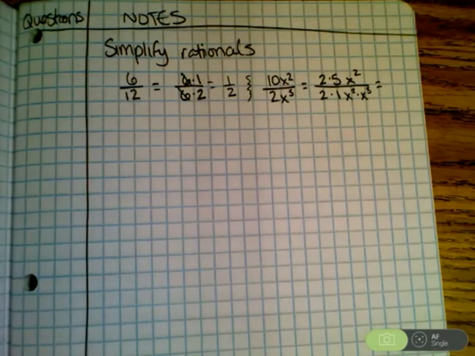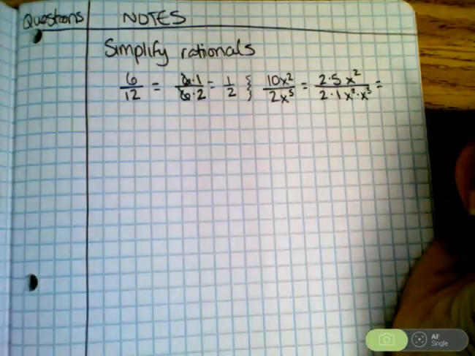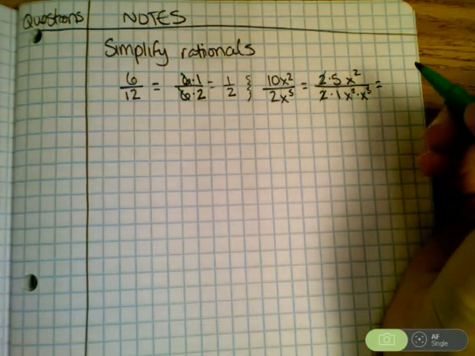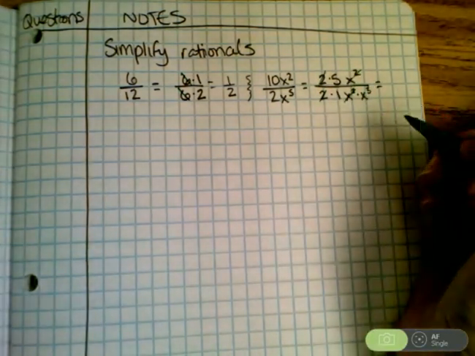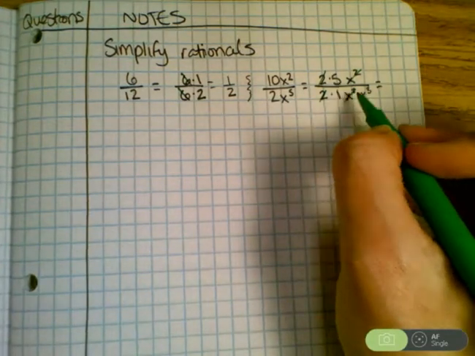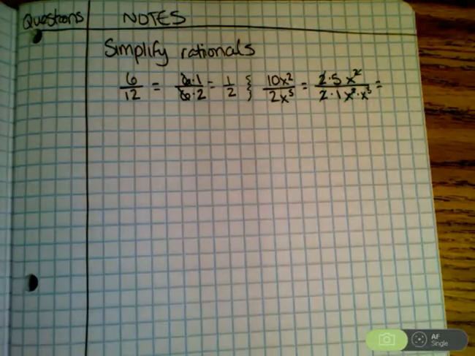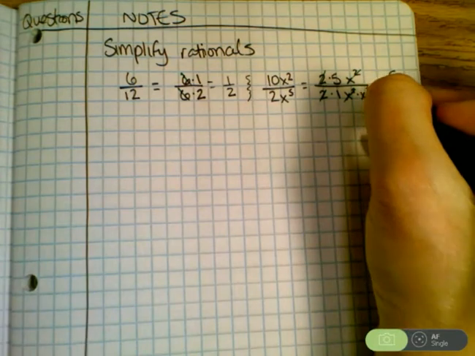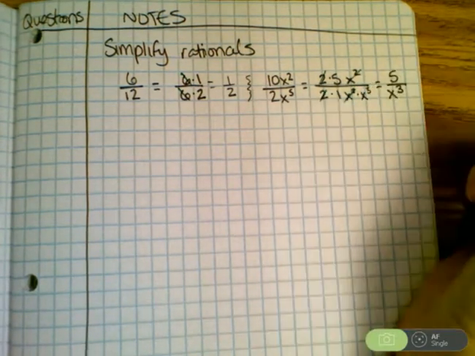I'm separating them out because then I can use my magic sound effects. My 2's cancel, my x squareds cancel. I'm left with a 5 on the top and 1 times x to the 3rd on the bottom. So that simplifies into 5 over x to the 3rd.